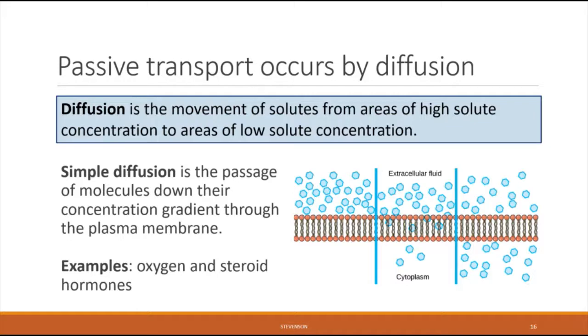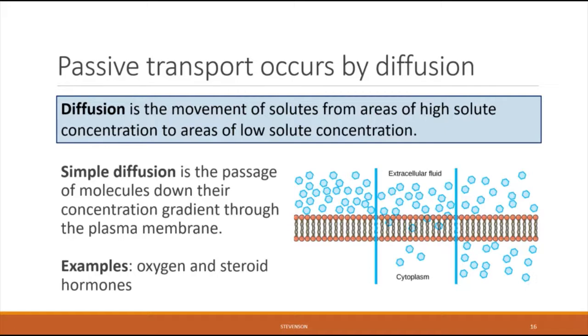This would sort of be like the equivalent of walking through walls for us. And not many molecules are capable of walking through walls. This is sort of a rare trait. Most things cannot pass directly through the plasma membrane in simple diffusion. But some examples of things that can include the molecule oxygen and steroid hormones.